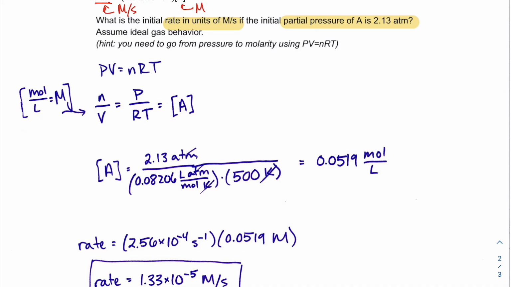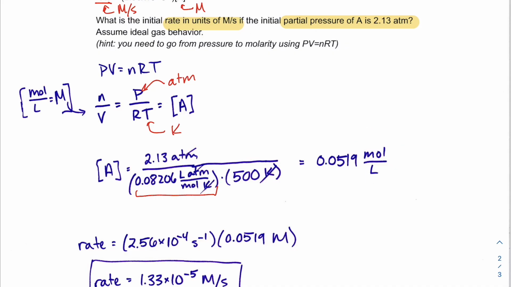So concentration of a compound is equal to the pressure divided by R times T. You want to make sure that you use the correct R, which is going to be 0.08206 liter atmospheres per mole Kelvin. If you use this as your R value, you want to make sure that your pressure is in atmospheres and your temperature is in Kelvin so that all of your units cancel out. So atmospheres cancels, Kelvin cancels, and we're left with moles per liter.